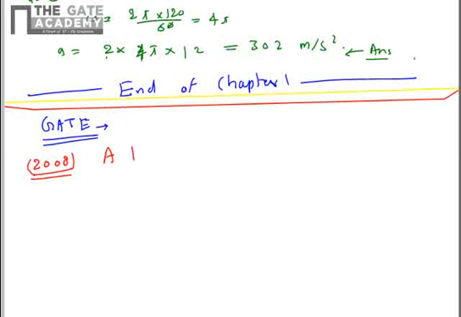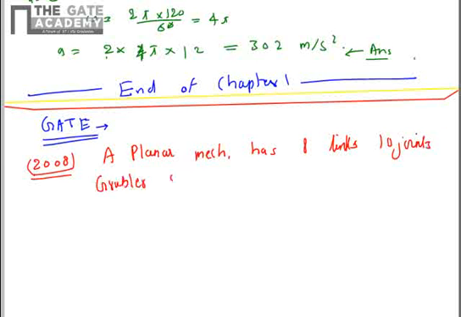The question was: a planar mechanism has 8 links and 10 joints. Using Grubler's criterion, determine the degree of freedom of the mechanism, or mobility, which is another name for the degree of freedom.